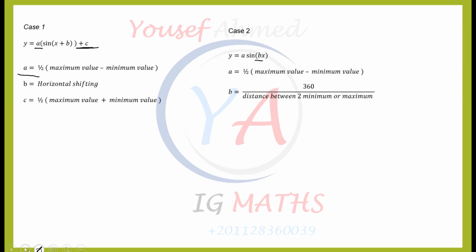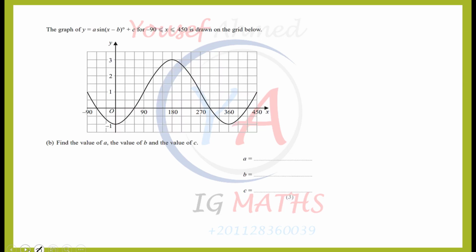Let's see the questions. The first question: you have the graph of y equals a sine (x minus b) plus c, from negative 90 to 450. We need to figure out the value of a, the value of b, and the value of c. You just need to pay attention here. Let's check together. The first thing is a. We know very well how to get a.